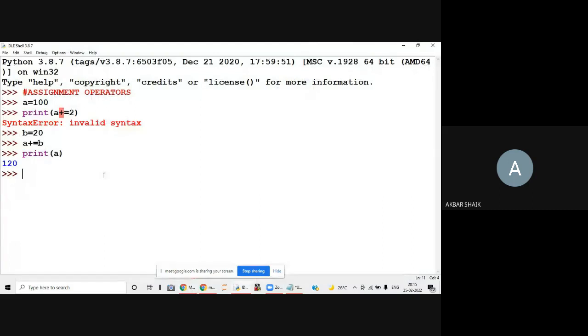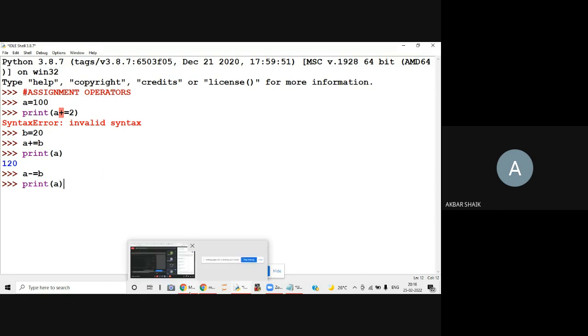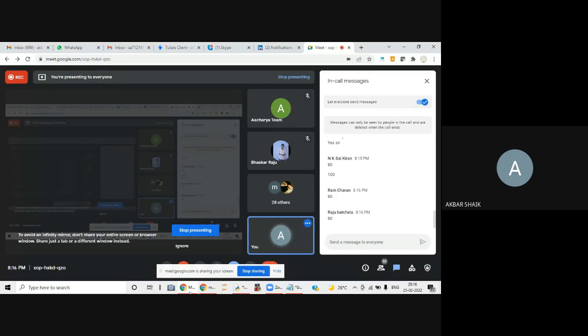Now all of you please observe. A minus equals to B. Print of A. Tell me what is the output of A here. Please observe this carefully and tell me. 80, 80.